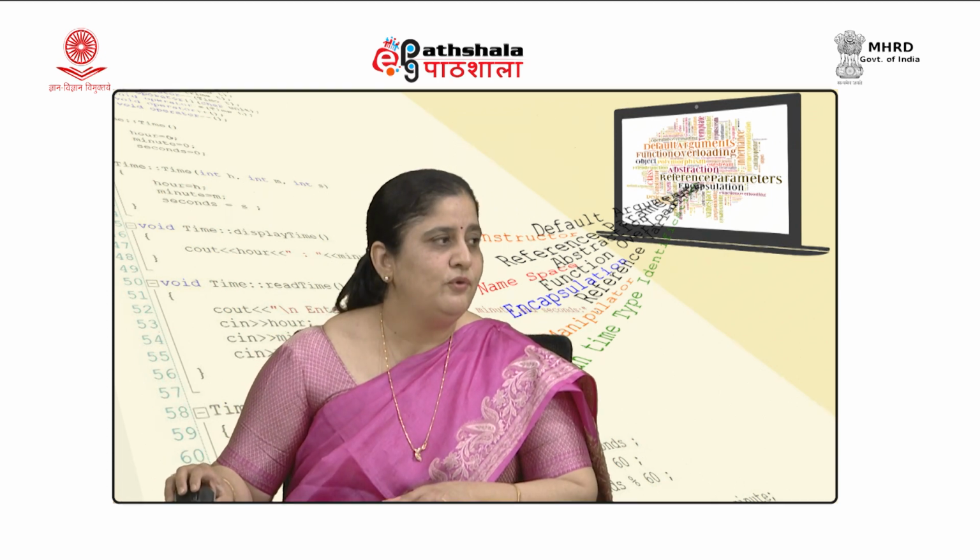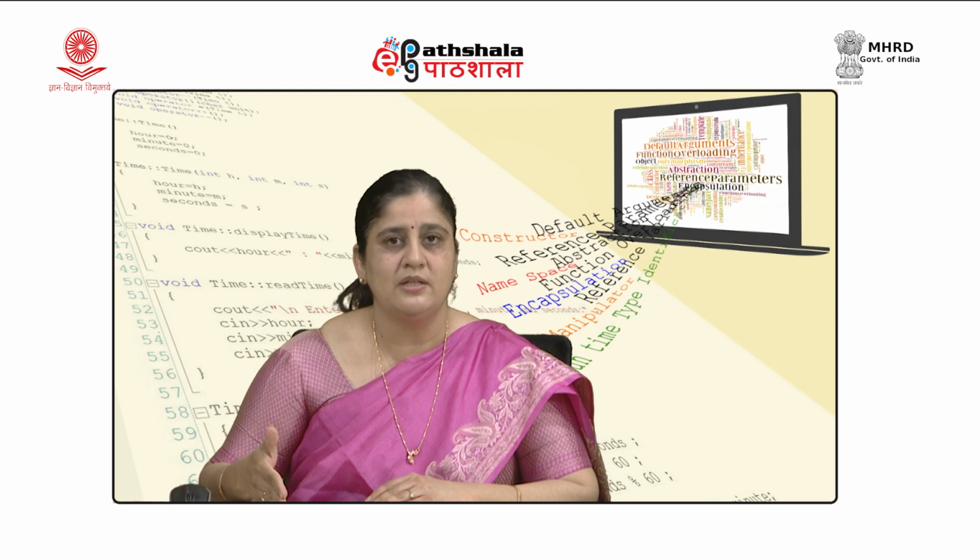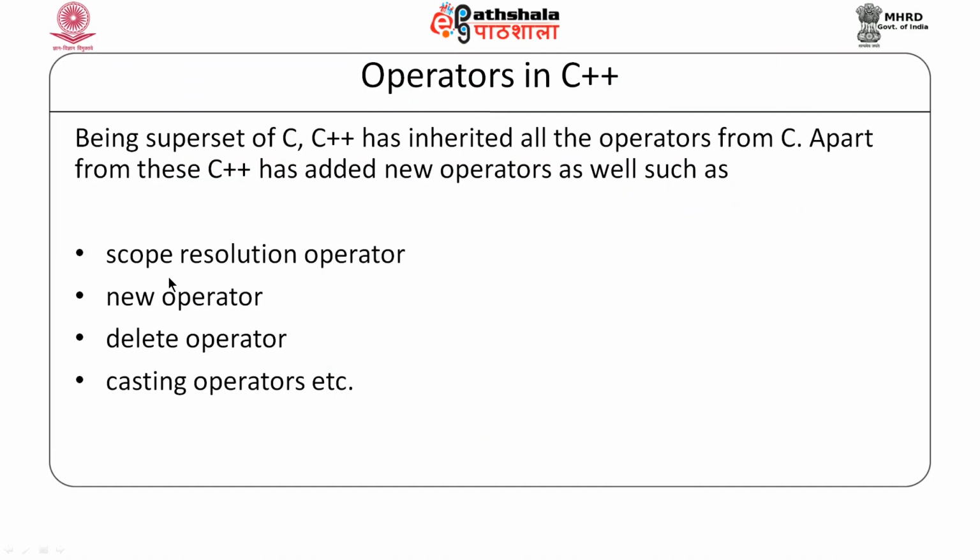We would discuss few of such operators here: scope resolution operator, new operator, delete operator and casting operator. There are other operators also which have been added by C++, but for their understanding we would need the understanding of other constructs in C++. So, as we progress we will keep on discussing those operators.